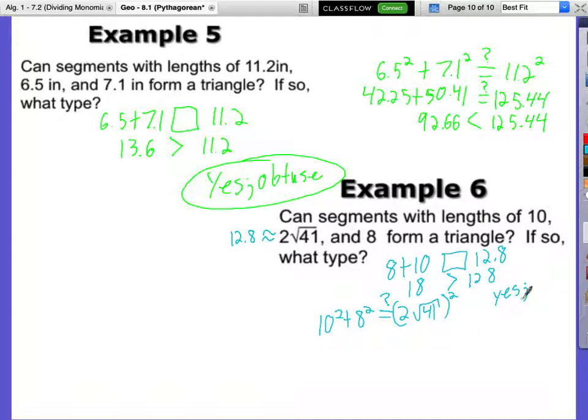If this was a whole number, it would be right. But it's not. So you need to use 2 times the square root of 41. Oh, so it's basically 2 times the square root. That makes sense, like we did during our first part. So you square it. You take 2 times the square root of 41 times 2 times the square root of 41.